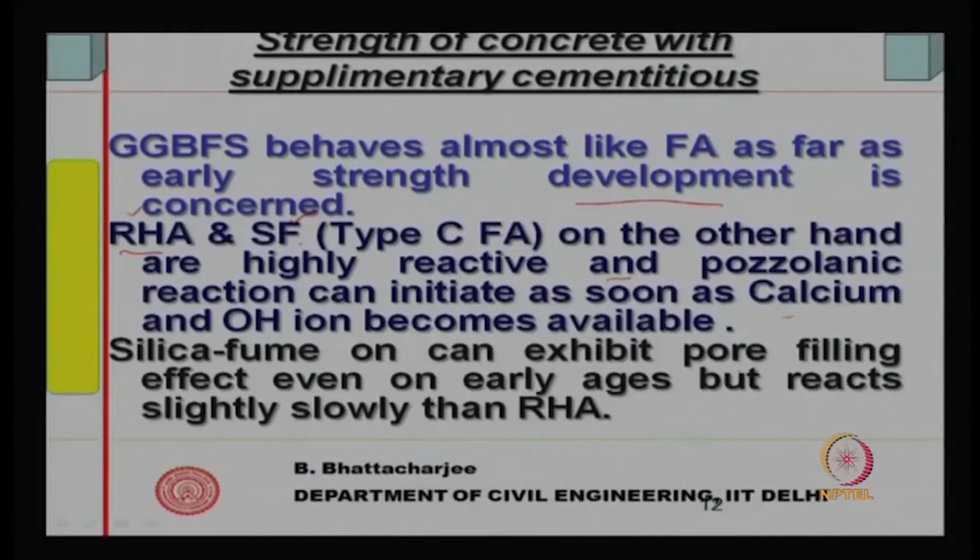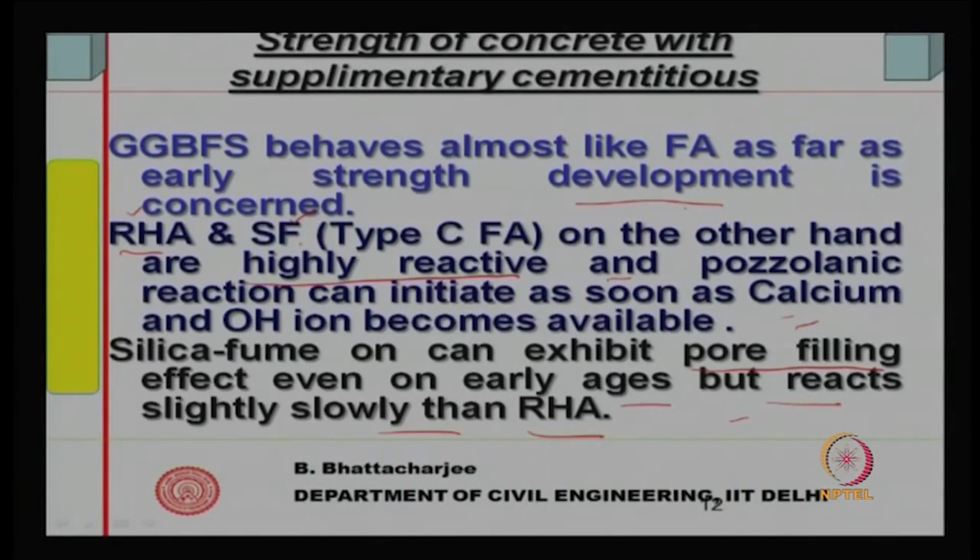So, silica fume exhibits a pore filling effect and is highly reactive, and rice husk ash reacts slightly slower than silica fume. So, early strength wise these materials are not a problem, whereas fly ash and GGBFS are somewhat problematic.